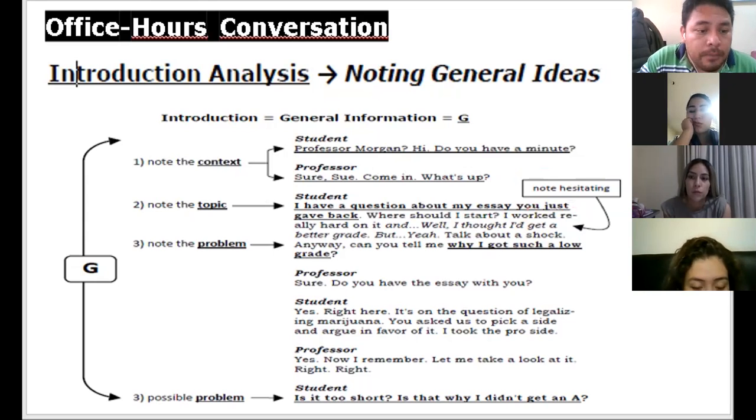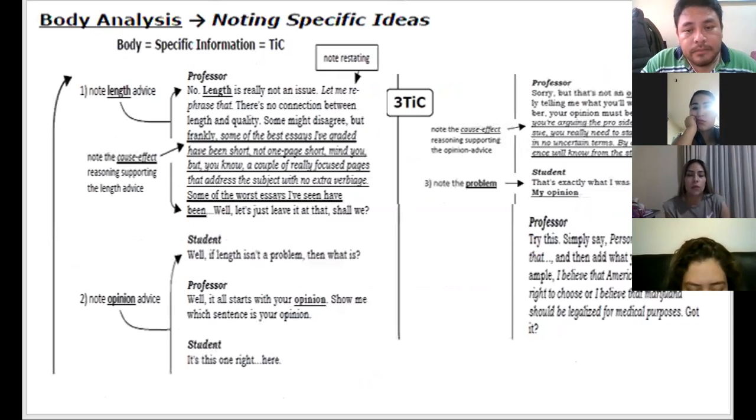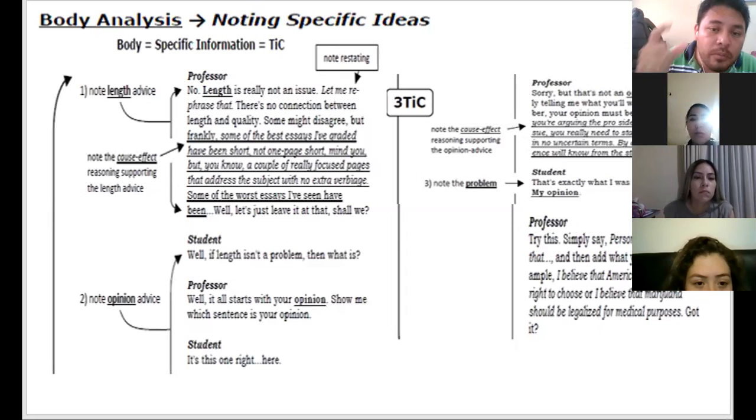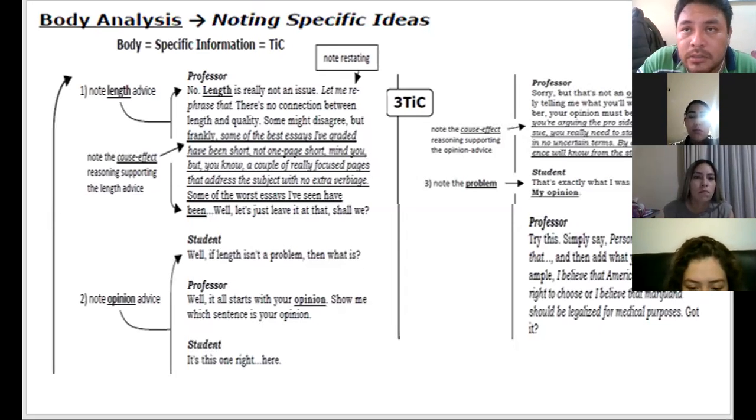Now, in the body, you have to be ready to identify the three aspects. Each paragraph usually has an intro, body, and conclusion, because in very small parts they relate what the problem is, then the solution, and then the conclusion for each paragraph.